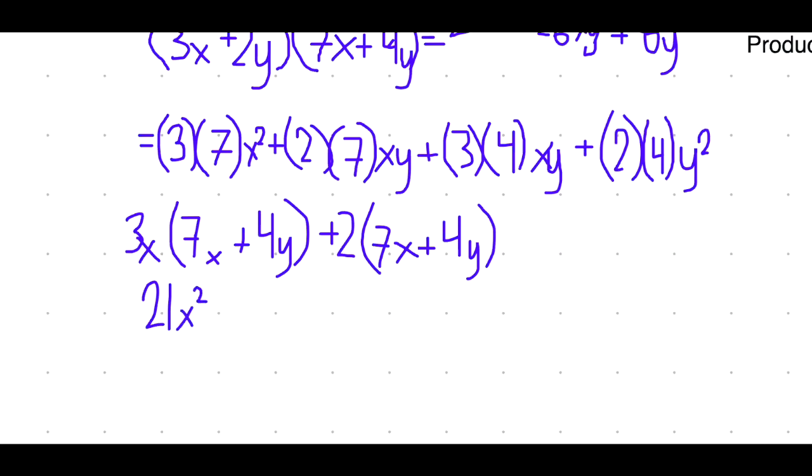3x times 4y, that is equal to 12xy, because 3 times 4 is 12, and then x and y multiplied together as xy.